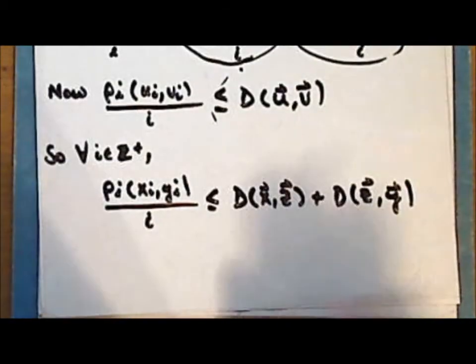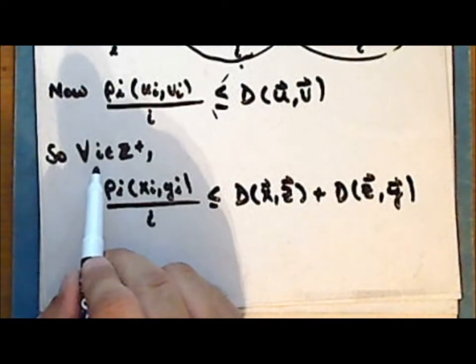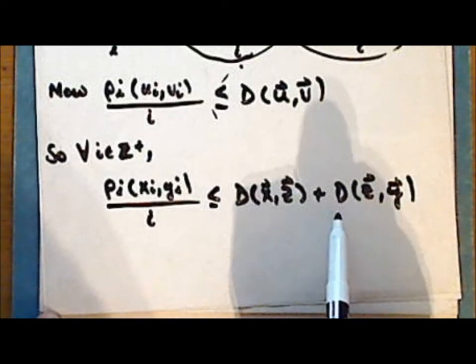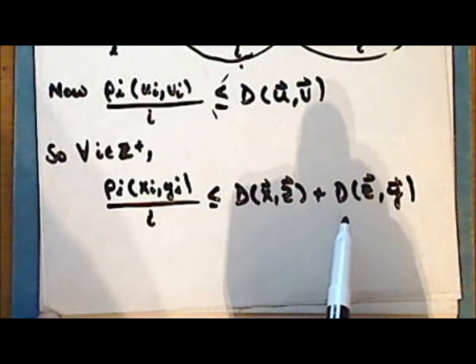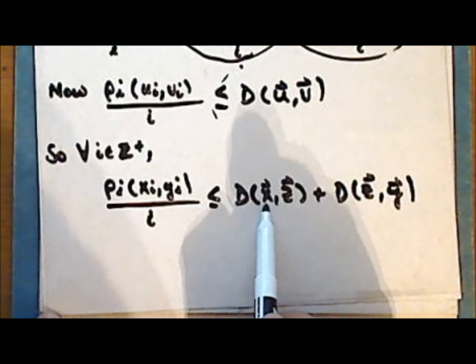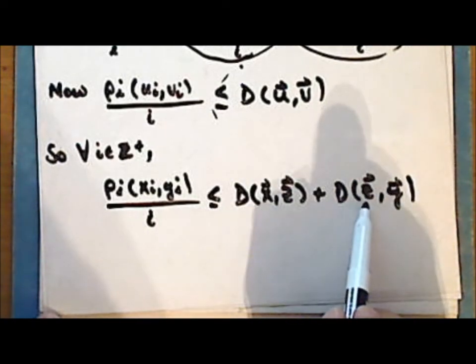So notice that this statement says that for every index i, the ratio of rho_i to i is bounded above by the sum of the values of the function D, taking as an argument the pair xz and then the pair zy.